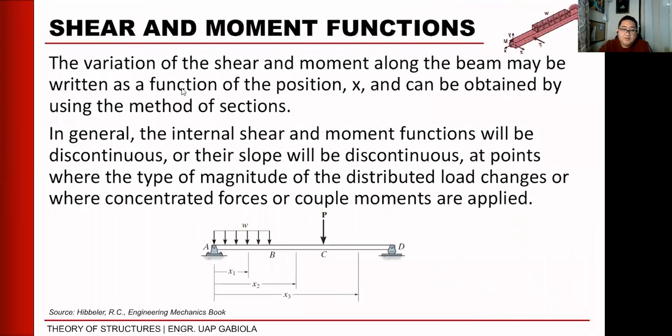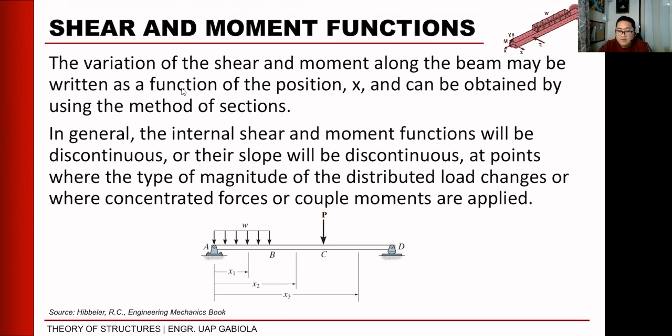So the variation of the shear and moment along the beam may be written as a function of position x, okay, in terms of x daw siya, and can be obtained by using the method of sections. So yung ginagawa natin, no, nagkakat tayo ng mga segment sa kanya. Pero ngayon, ang gagawin natin, magkakat tayo ng segment every time na meron siyang change in loading, no?